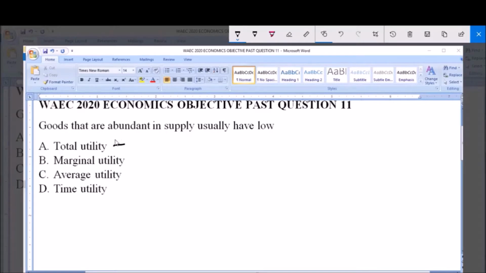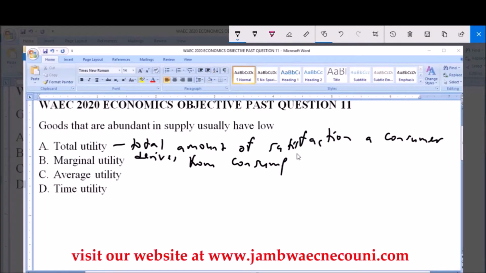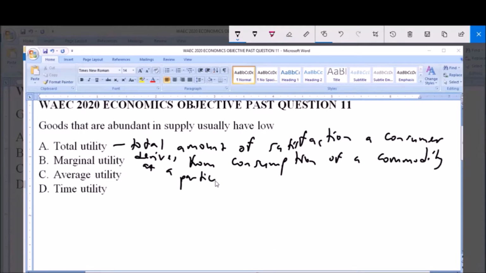Now option A, which is total utility, refers to the total amount of satisfaction a consumer derives from the consumption of a commodity at a particular time.